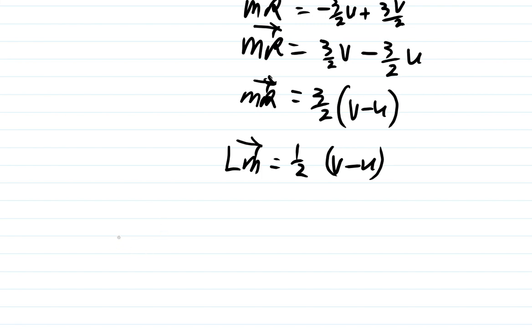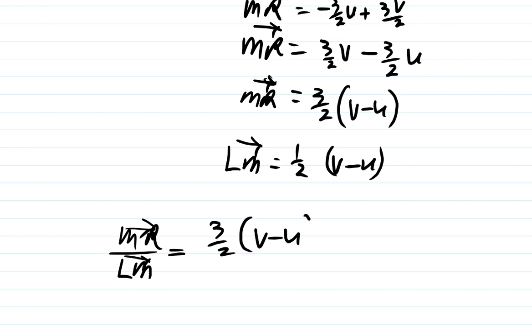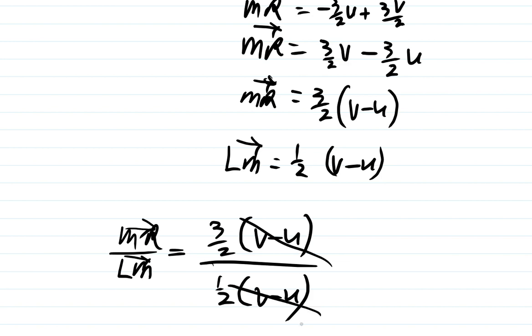So if you put MR over LM, the vector MR divided by the vector LM, you have 3 over 2 V minus U over half V minus U. What happened? V minus U cancels V minus U. The directions cancel out because it's the same direction. And then the number you end up with is 3 over 2 divided by half, same as 3 over 2 times 2 over 1. So what you get is 3.